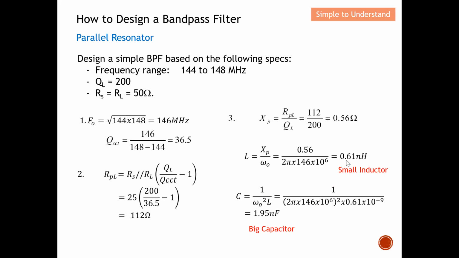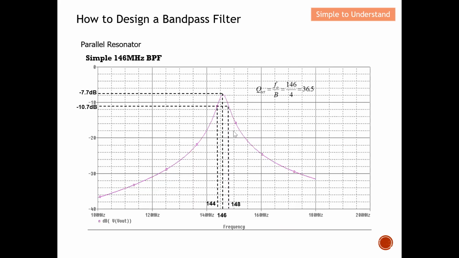However, let's put this into simulation, because in simulation we can always design with the L value and the C value. Although we can't easily find these components available, we can easily simulate the result. From the simulation result, you can see that I actually achieve a bandpass filter. I have a lower cutoff frequency and upper cutoff frequency, which follow the design rule.